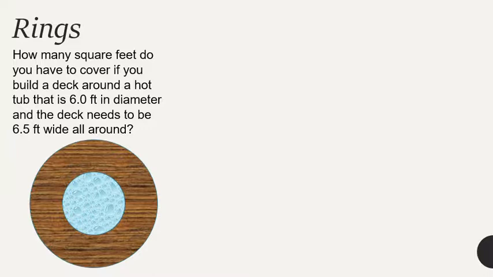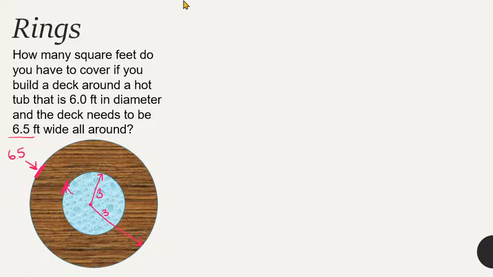Okay, so we want to build the wooden part, the deck here, around my little hot tub. And I know that my hot tub is 6 feet in diameter, which means I know that my hot tub has a radius of 3. Now I need another measurement for my big circle that's going to go all the way from the center out to this edge. Well, we know we have 3 here, but if the deck is 6.5 feet wide all around, this is where the 6.5 occurs.